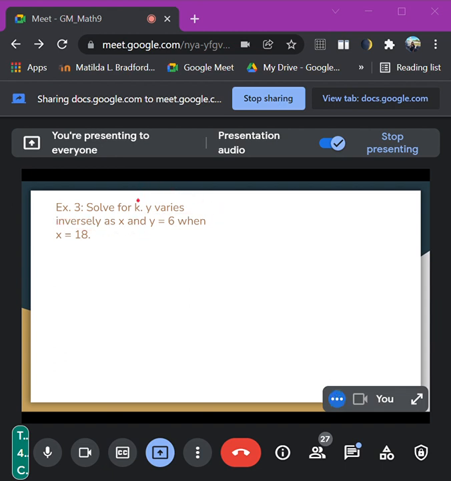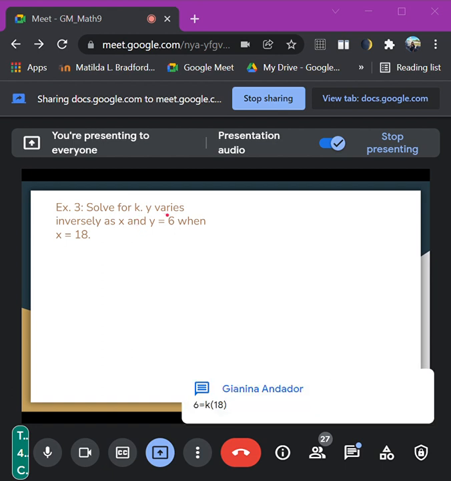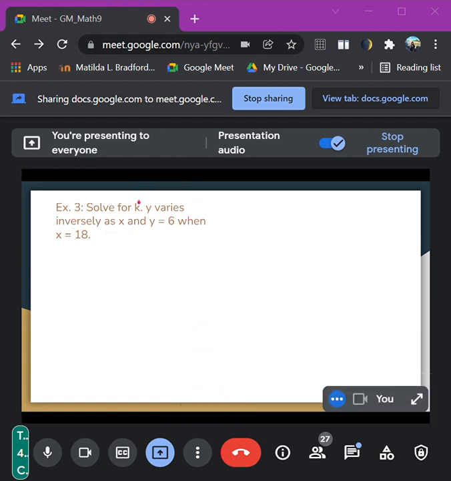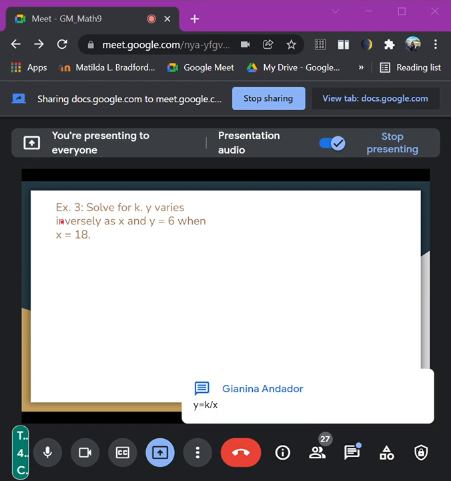So you have there y varies inversely as x. So how do we write it as an equation? Let's start with the equation. Y varies inversely as x. It's the same as what you did on the previous slide, class.